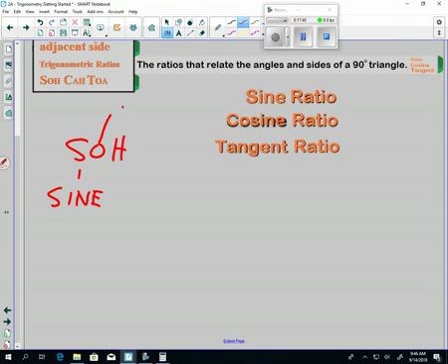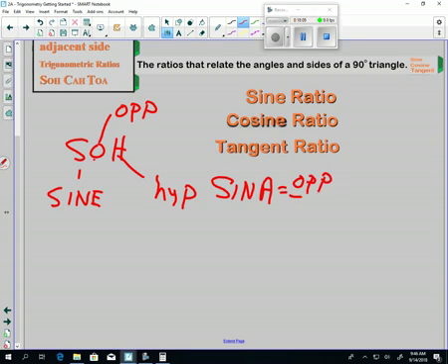The O stands for opposite, and the H stands for hypotenuse. So if we're trying to find the sine, we usually just write it as S-I-N, like sin. Say it is angle A, it will be OH, opposite over hypotenuse.